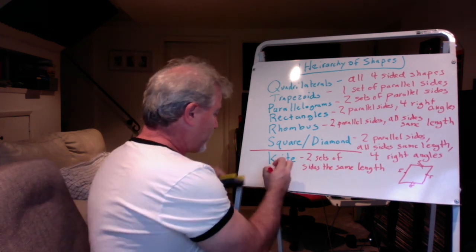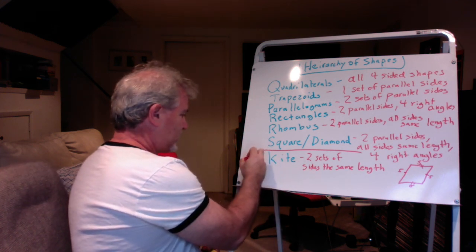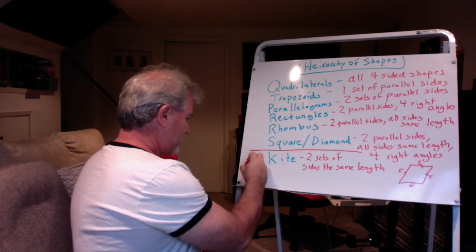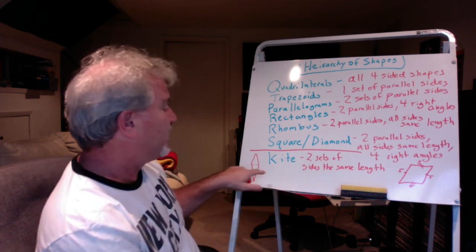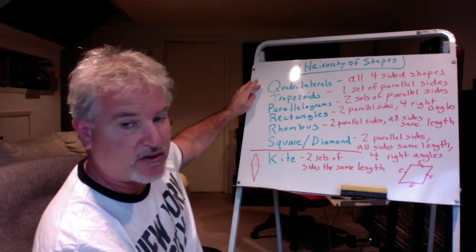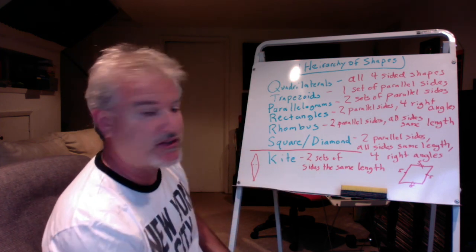And the kite, remember, kind of looks like this, if you can see it. Right? So the definition of a kite is it's basically a quadrilateral, and the only rule is it has two sets of sides that are the same length.